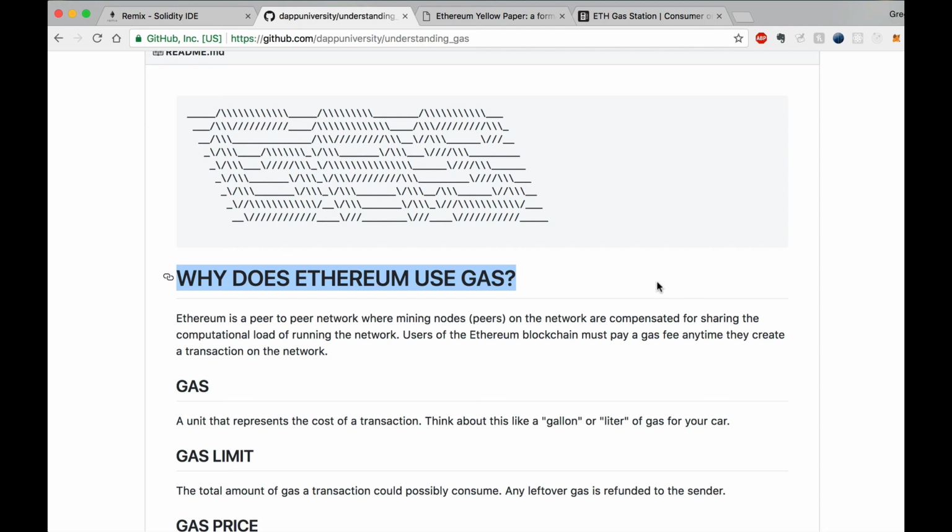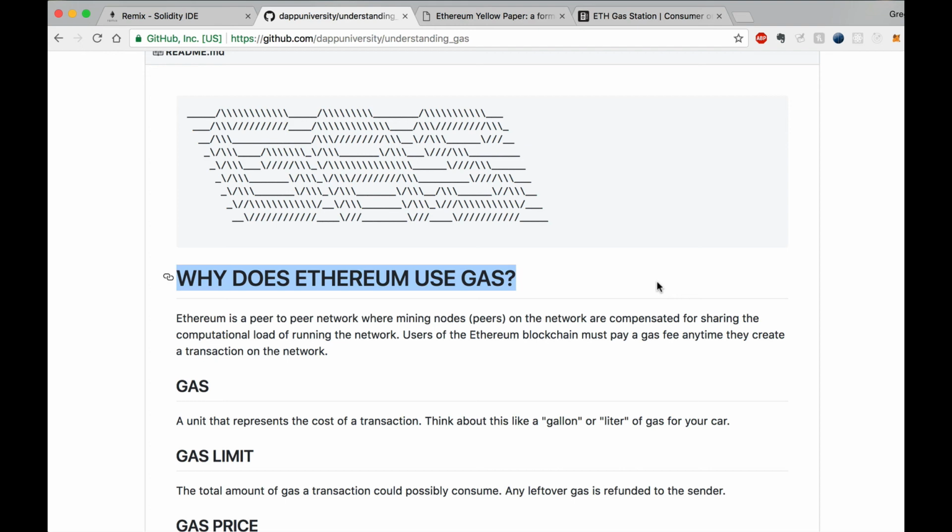They actually opt into the process of creating transactions and writing data to the database, which is essentially the public ledger on the blockchain. Now, these nodes basically agree to use their computational resources to help run the blockchain. And in return, they get a chance to earn some Ethereum for doing this.